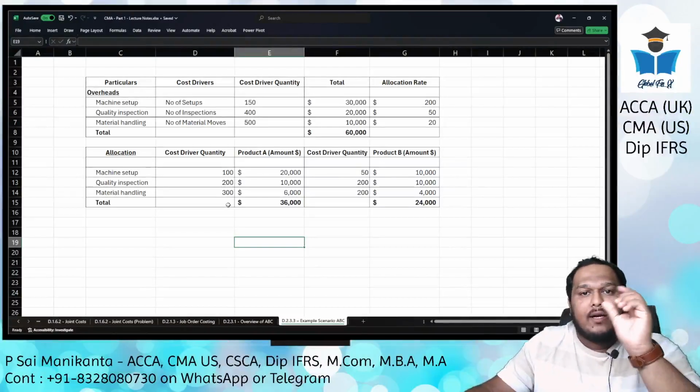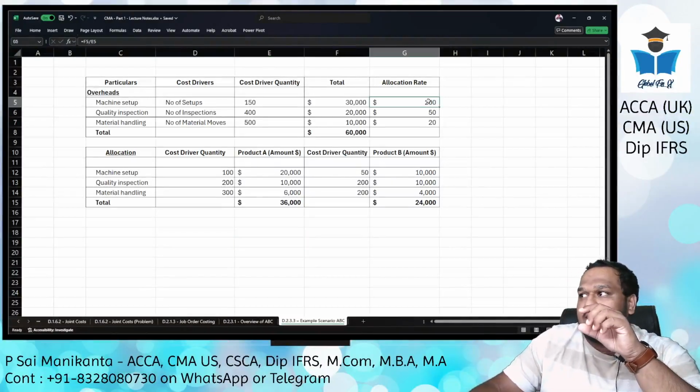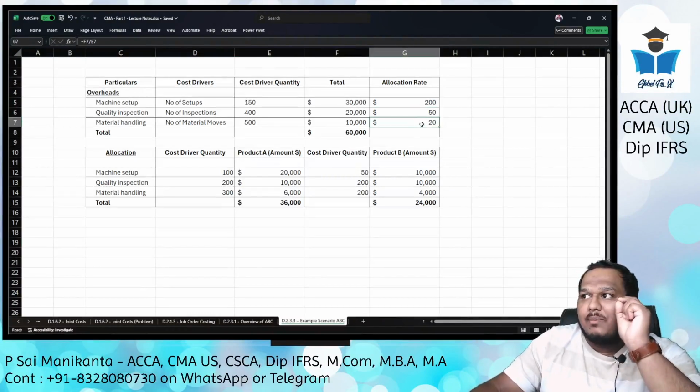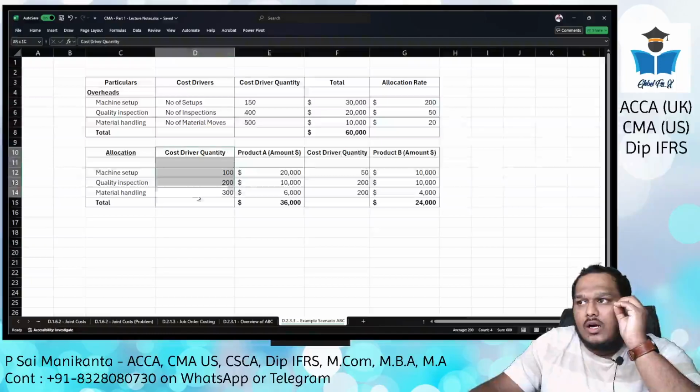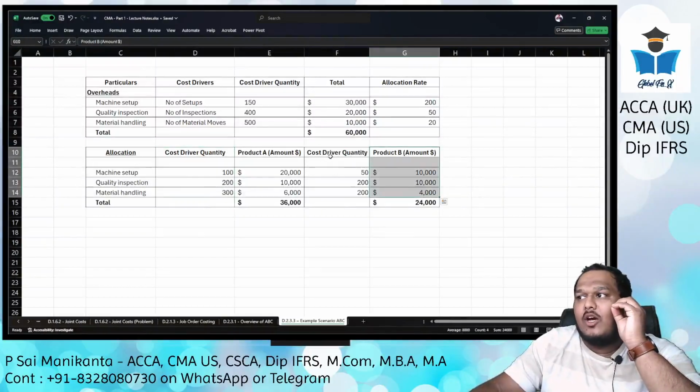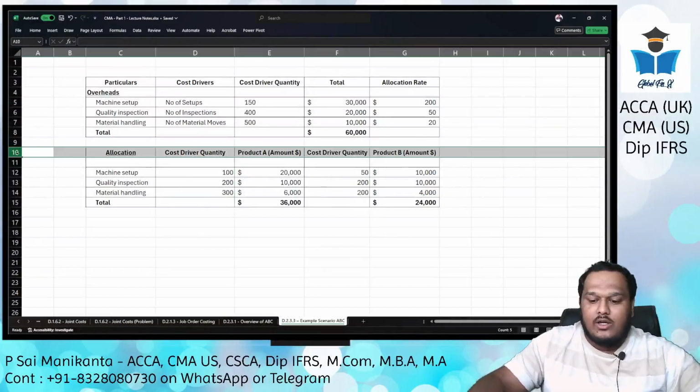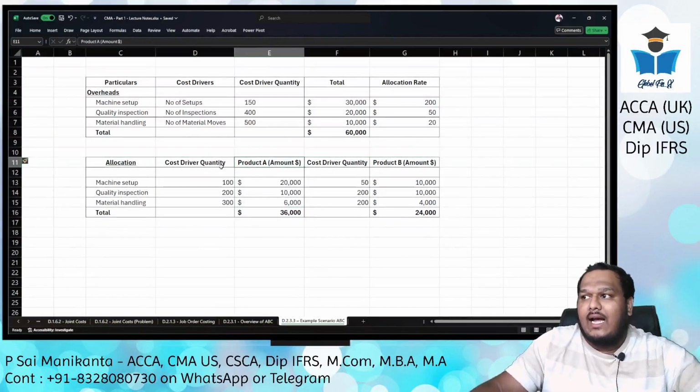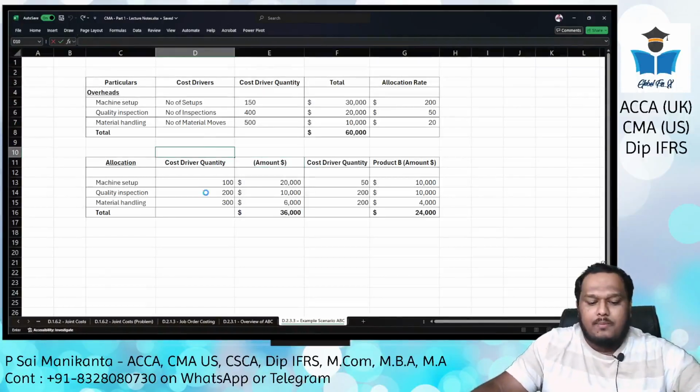You get per machine setup, per inspection, per material handling. Then they'll give you in the question how many cost drivers are needed for product A and for product B. You take that and multiply with the cost driver. That's all, done.